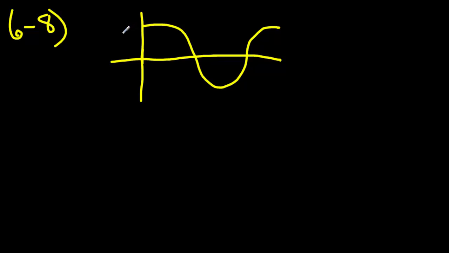We have an amplitude of 5 right here, and we're told that this is 1 over 30. This is t in seconds, and this point right here, or one complete cycle, is 1 over 15.